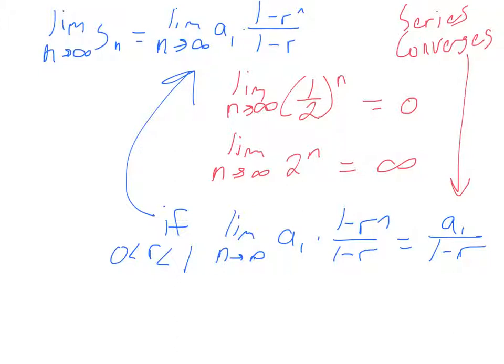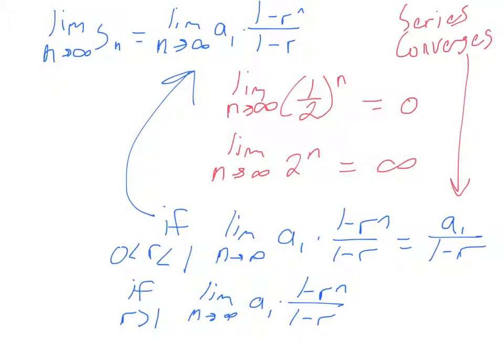Now, on the other hand, if r is greater than 1, then the limit as n goes to infinity of a sub 1 times 1 minus r to the n over 1 minus r. Well, r to the n is just going to blow up. It's going to get really, really big, and this is never going to converge to a number.